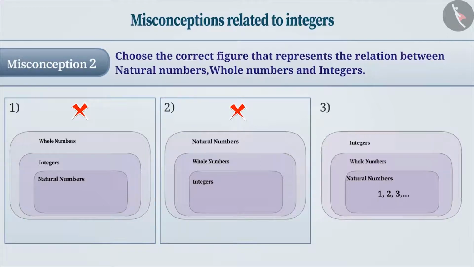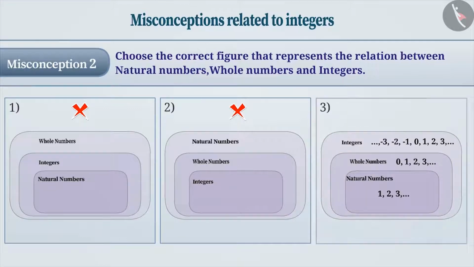Whole numbers consist of all natural numbers along with 0. This means natural numbers are included in the collection of whole numbers. Similarly, including negative numbers along with whole numbers gives a collection of integers. This means the collection of integers contains all whole numbers and all natural numbers. Therefore, option 3 is the correct answer.